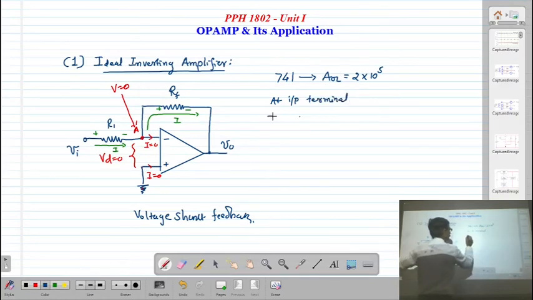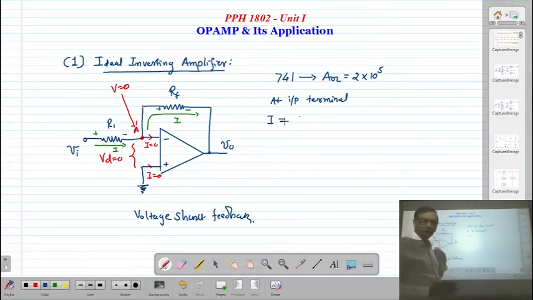we can write the current I is equal to, simply applying Ohm's law, I is equal to V by R. What is V? That is the potential difference across the resistance R1. So the potential at this point is VA, and this potential is VI.